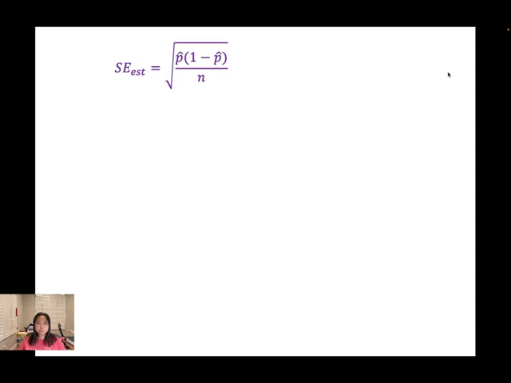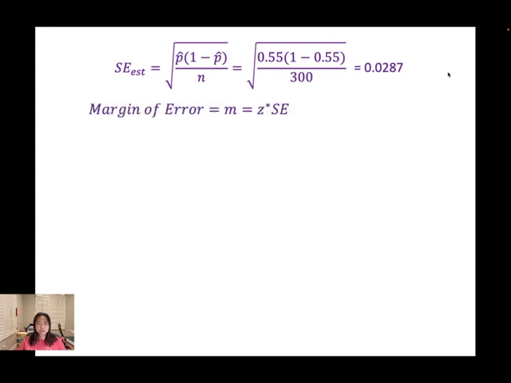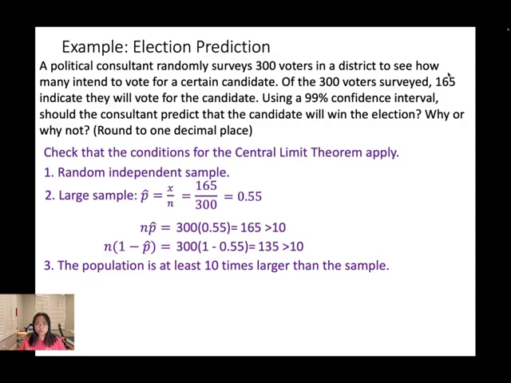Now, plug into the standard error formula. You should get 0.0287. Now, margin of error. What percent confidence interval are we looking for? We're using 99%.